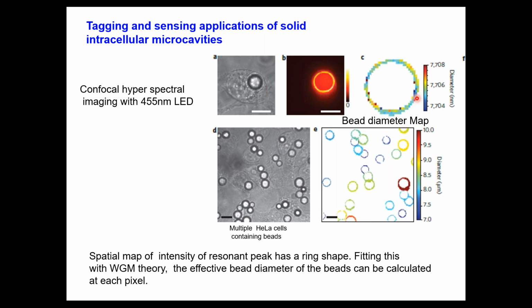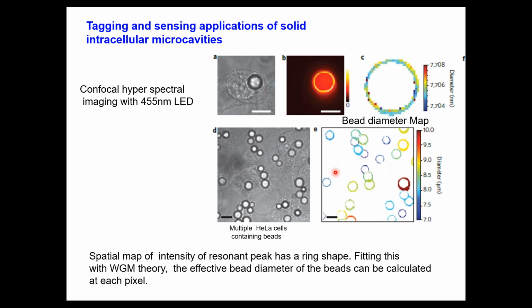And by clearly identifying the color of this ring, it can identify the size of the bead, because the size of the bead will determine the frequencies that are emitted from the laser. So you can see this is the original sample, and this is the hyperspectral image of that, and different beads are internalized inside different cells, and their positions are clearly located.